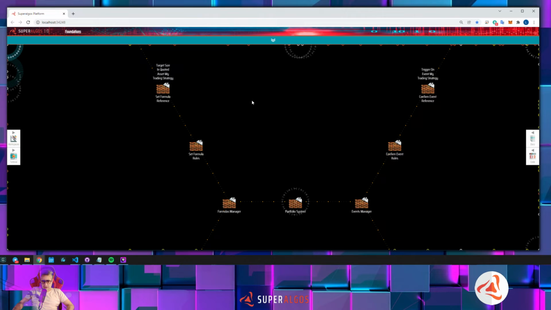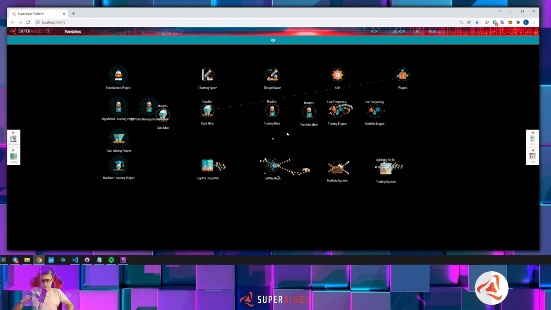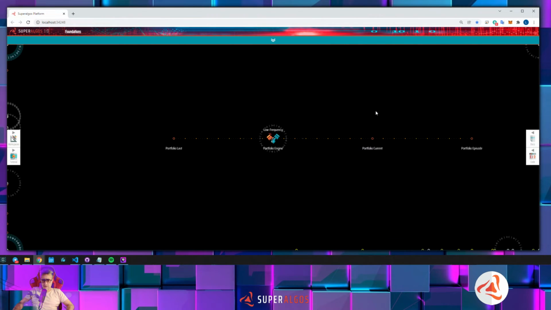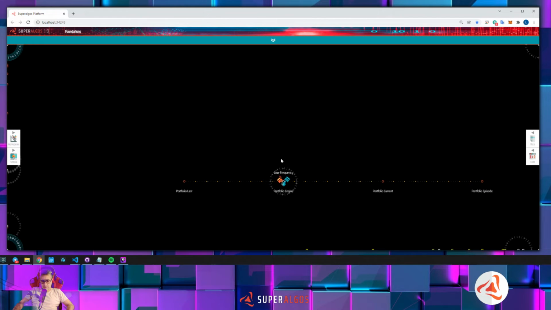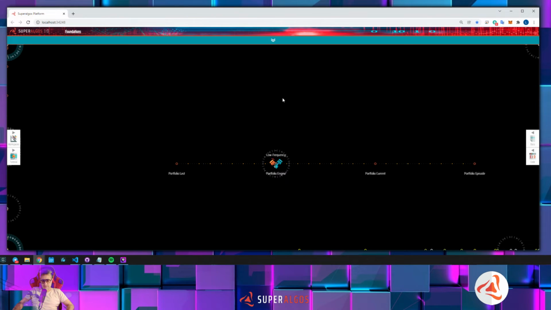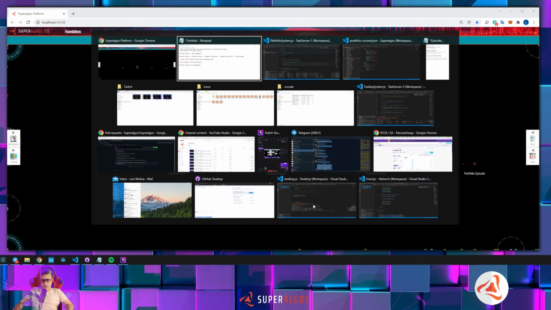The result of all this risk management will end up in a new structure that we are going to hook up here from portfolio engine, risk management, and I don't know which are going to be the nodes inside there, but there will be.